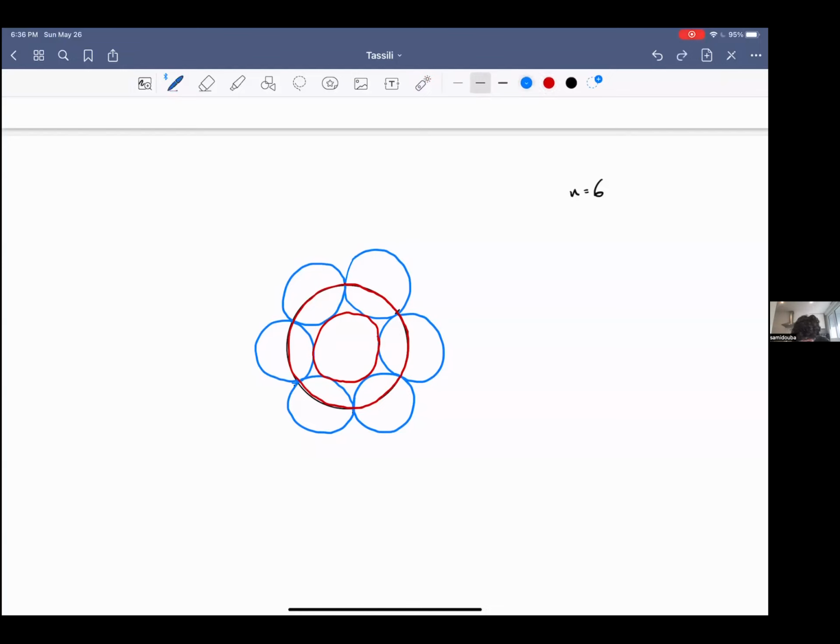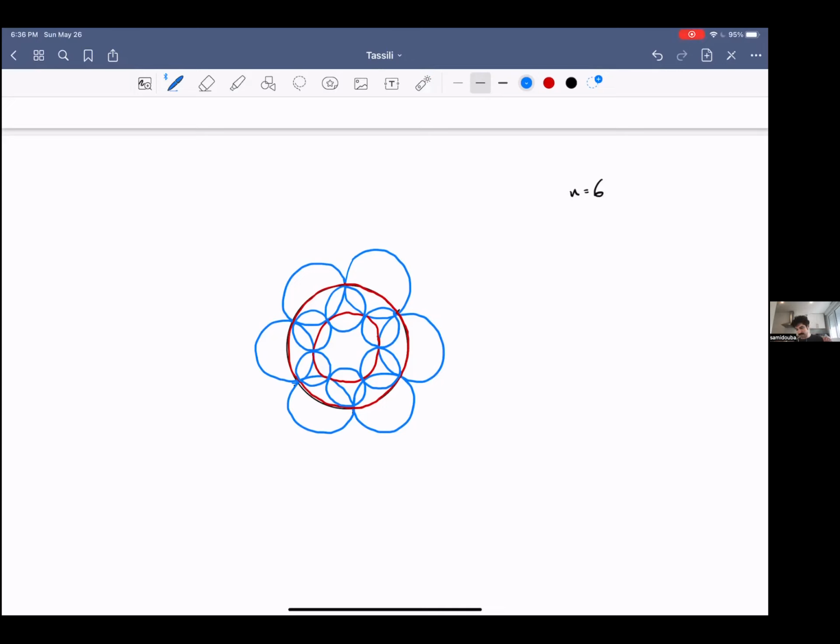Maybe blue. So now these circles give me geodesic planes that are the sides of a polyhedron. It's not a compact polyhedron, but it's a finite volume polyhedron.